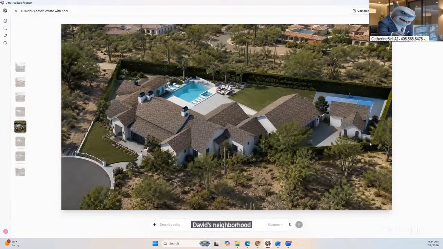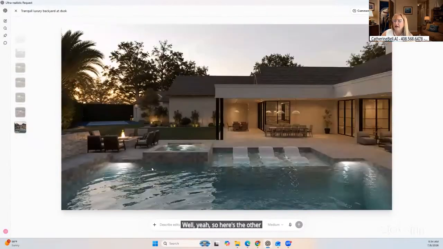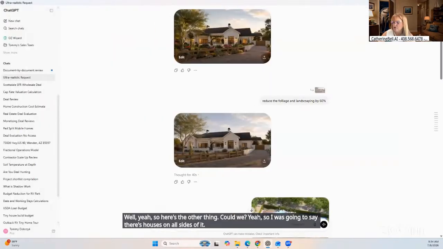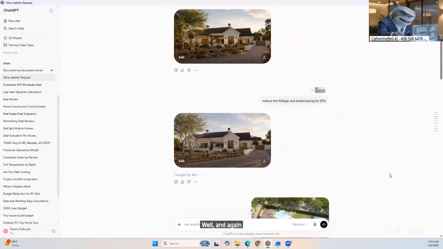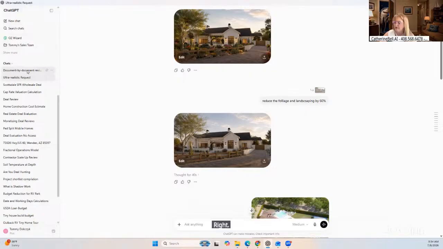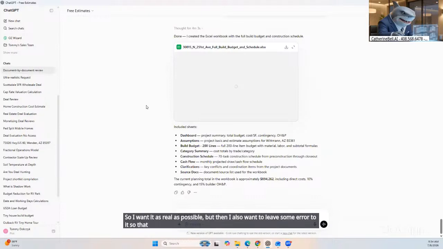It deleted the driveway, so I told it to put the driveway back in. There are houses on all sides of it. We're trying to produce these as realistic as possible, but at the same time we have to notify people these are not real pictures. I want it as real as possible, but I also want to leave some error so people understand what they're looking at.